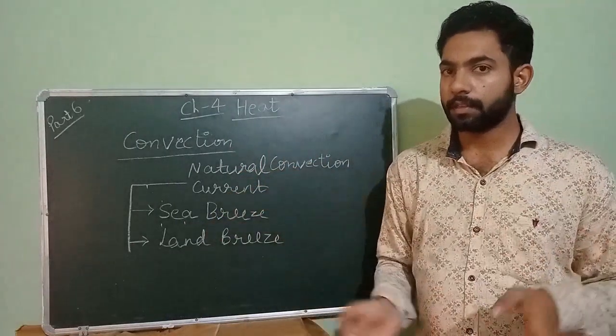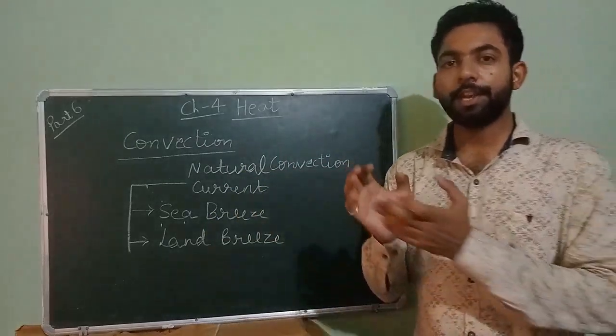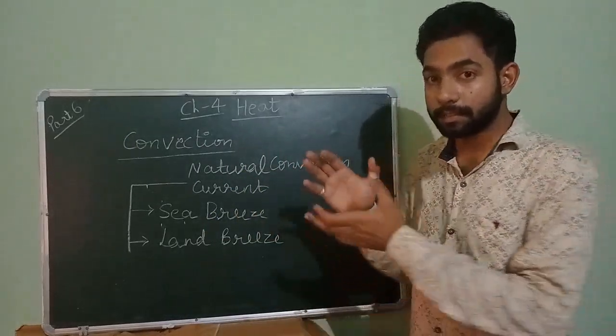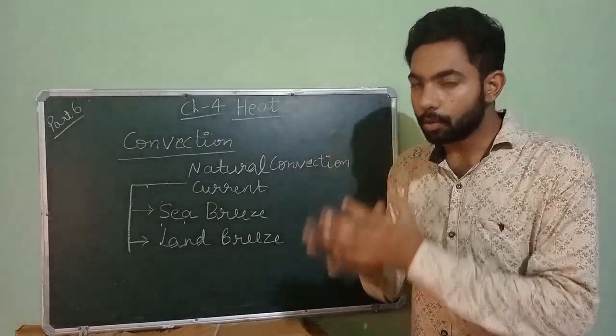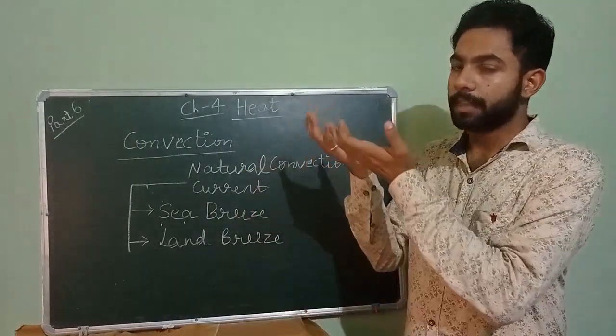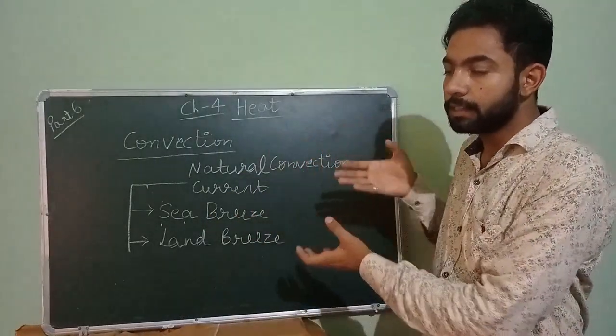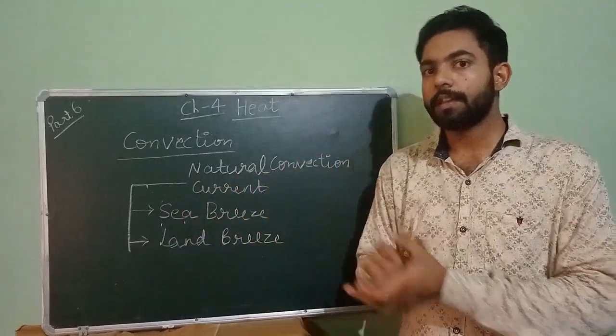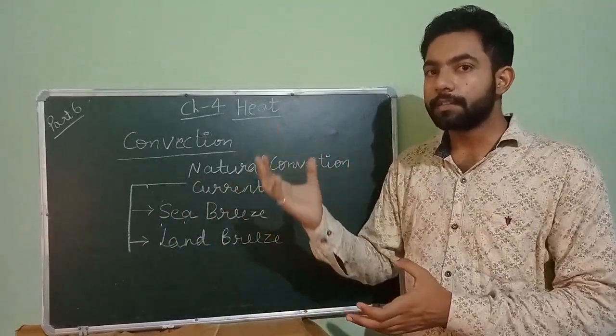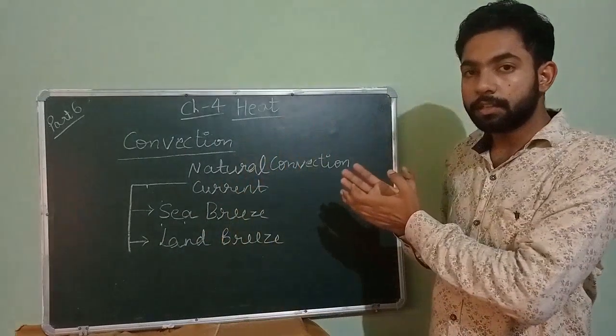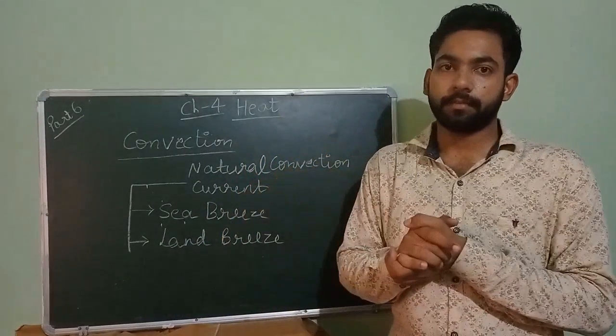What is sea breeze? During the day, the land heats up faster than the sea. The hot air above the land rises up and the cooler air from the sea takes its place. The warm air above the land moves towards the sea to complete the cycle.